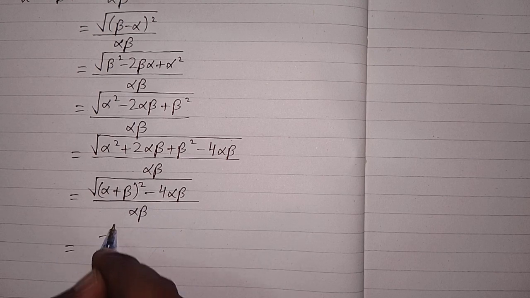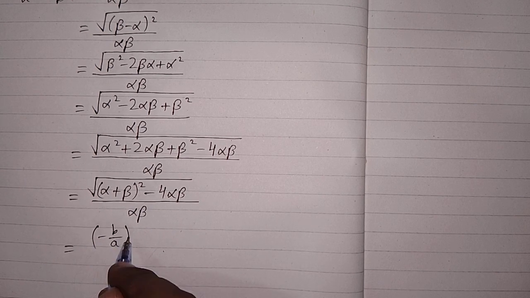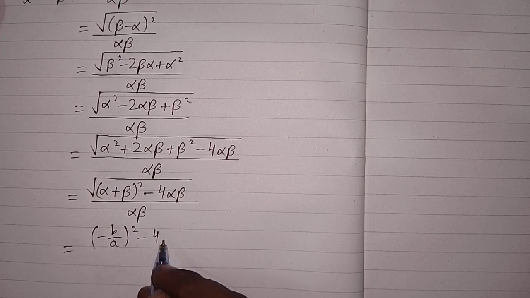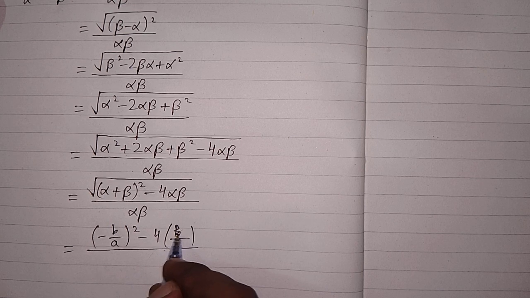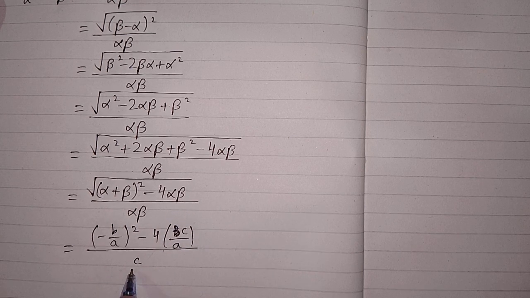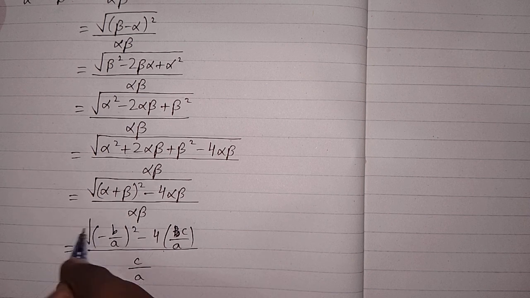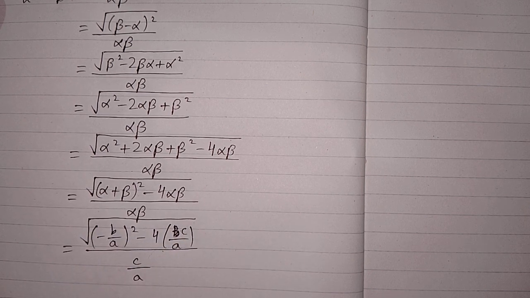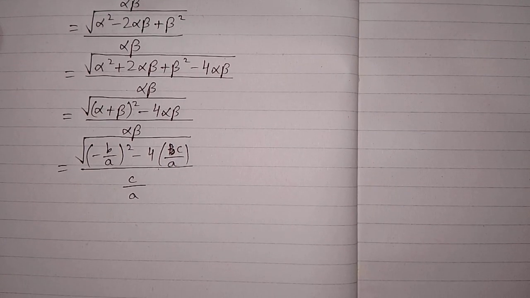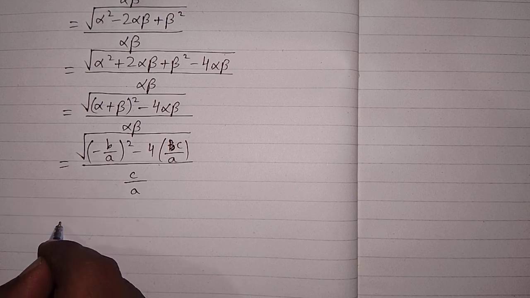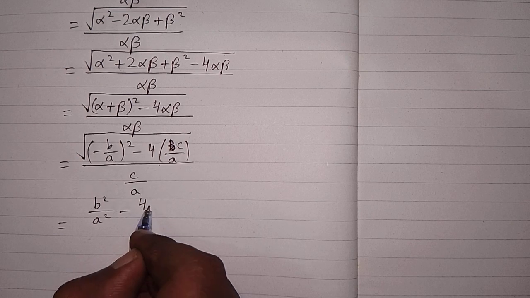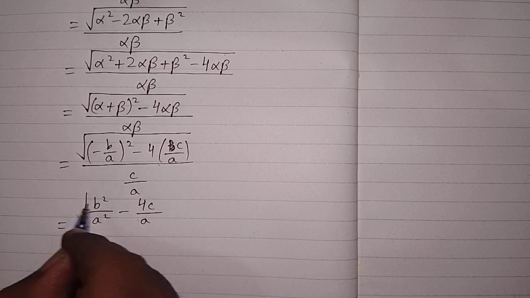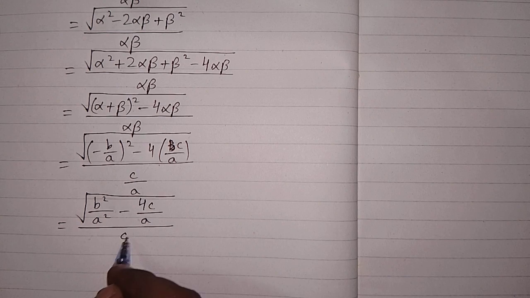So we have minus b upon a whole square minus 4 times, sorry, the value of alpha beta is c upon a, and in the denominator we have c upon a. Now we have b square upon a square minus 4c upon a under root upon c upon a.